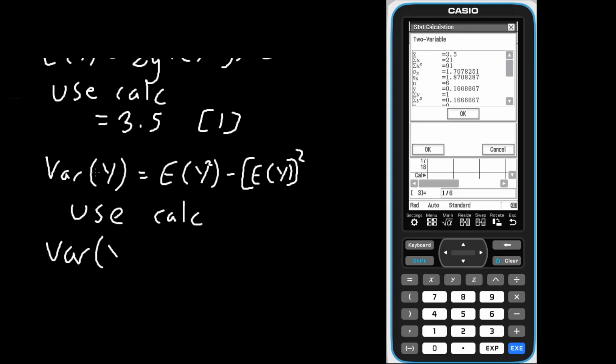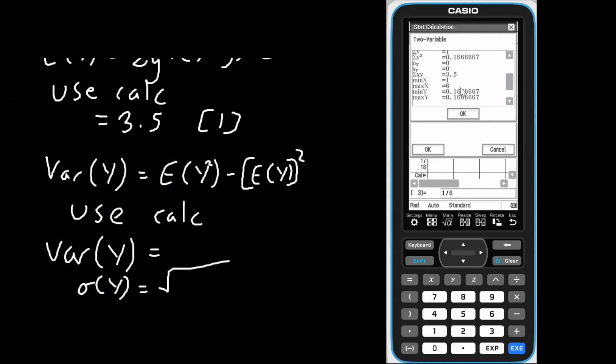So it's going to be the squared component of it. If we go back to our calculator here, it will be the squared component. And then we want to say that sigma, the standard deviation, is the square root of that. And there we go. Really quickly, that value is, let me remember which one it is.